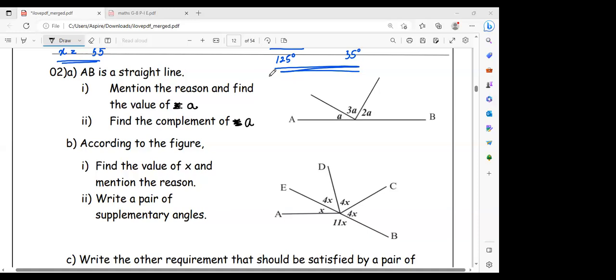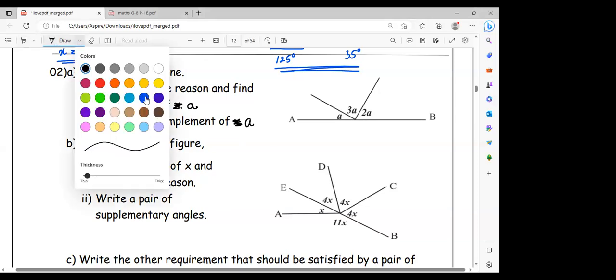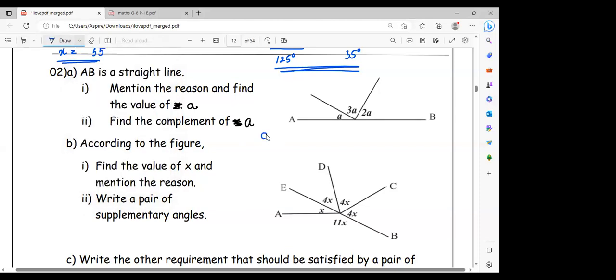Now when they ask you to mention the reason, that means you have to write the relationship that you have learned in this lesson. Here it is a straight line segment, so it is very easy. You can express this relationship like this: A added 3A added 2A.